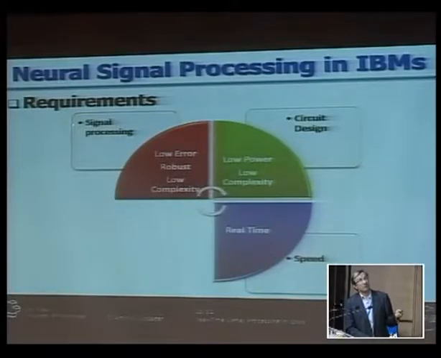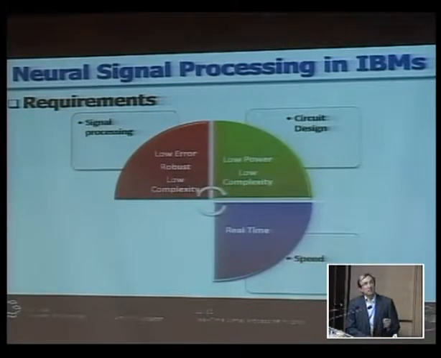The requirements of neural signal processing in biomedical implants, especially brain implants. So the main topic of interest to this session is signal processing itself. But when we are implementing signal processing techniques in biomedical implants, we are required to think about the other sides of the story.